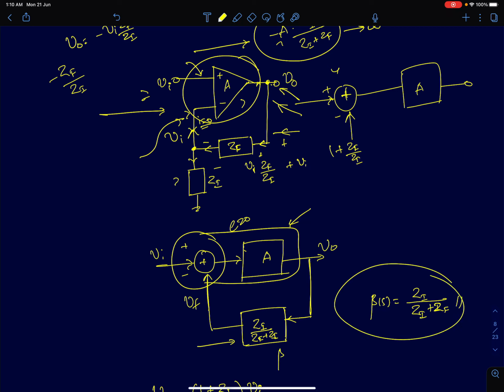This circuit can be directly represented by a very simple mathematical model, the conventional negative feedback control loop model.